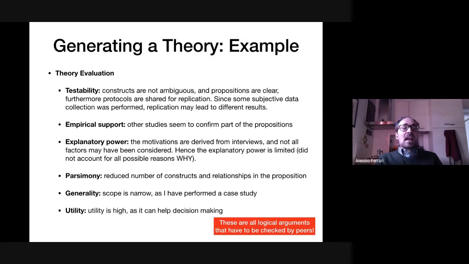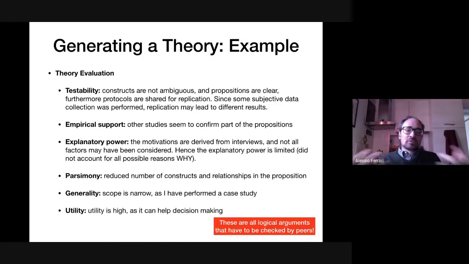Okay. Empirical support seems to be good, because, for example, I find other studies that seem to support my proposition. Explanatory power is also limited, because motivations are derived from the interviews. So I didn't consider all the possible variables that may explain why.